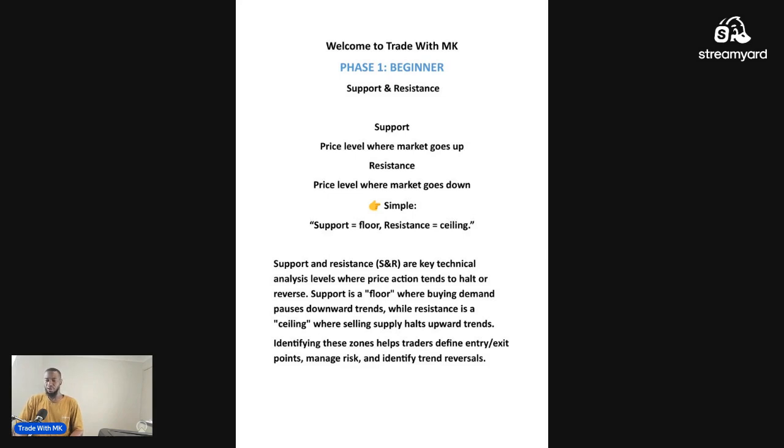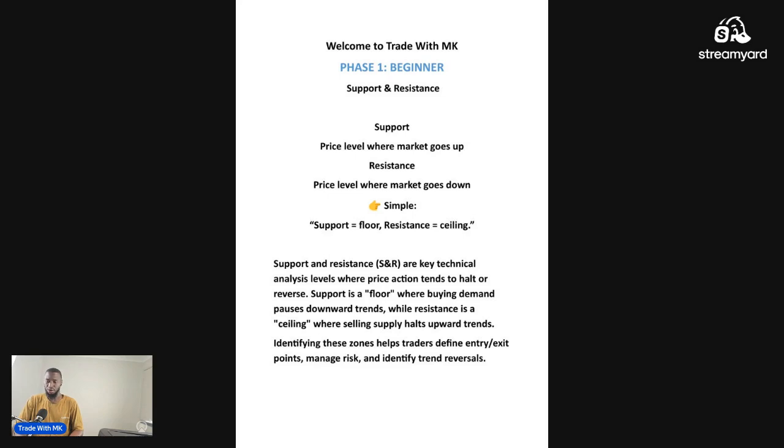Support is a price level where markets go up. It's where the buyers seem very confident that the market, where the price is at the moment, is likely to go up, maybe 70%, rather than going down.